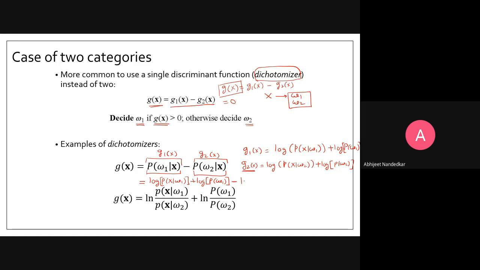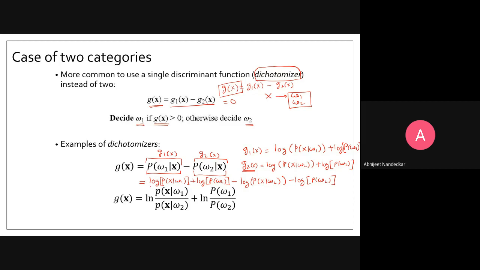So this will be log of probability of x given omega 2 minus log of probability of omega 2. Okay, so this is by substituting the values of G1(x) and G2(x) from the previous slide.